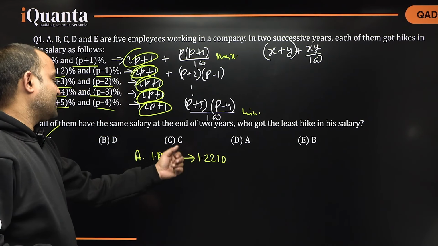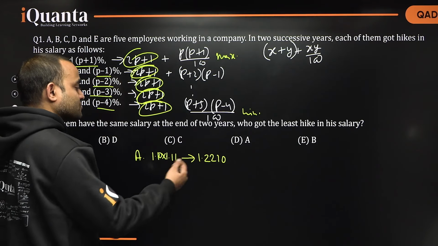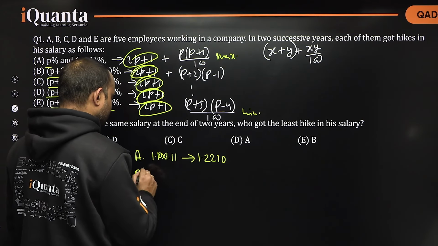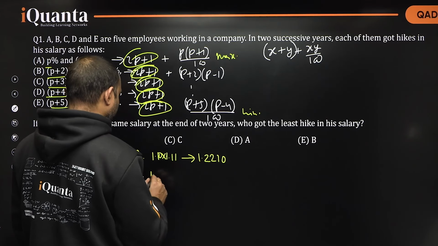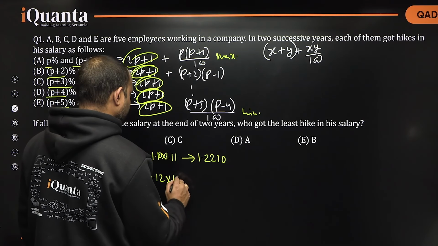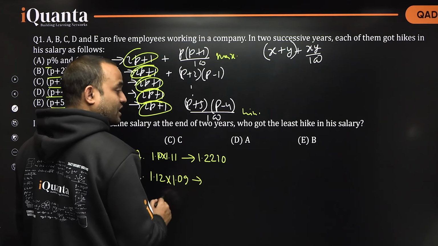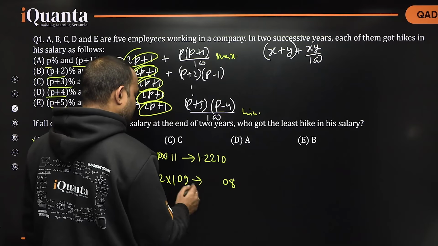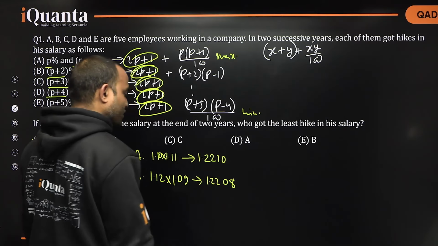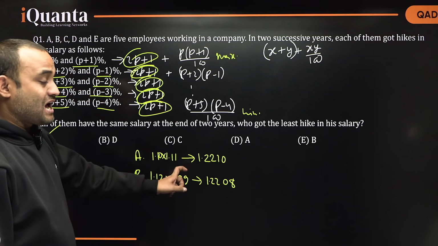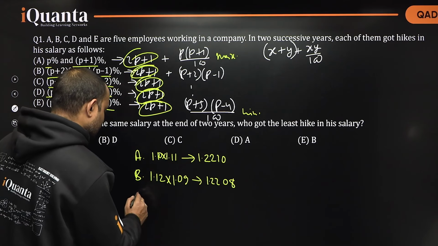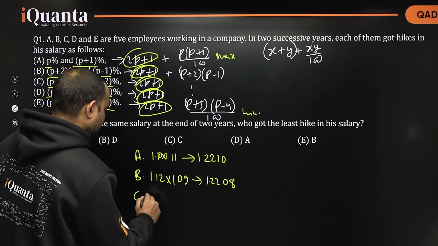So 1.2210, right? 1.2210. So 10, 1 carried forward, 10 plus 11, 21, plus 1, 22. In case of B, it will be 1.12 into 1.09. 12 into 9 is 108, 12 plus 9, 22. So 1.2208. You can see the gap is very, very small, but still we will have to count that, right?